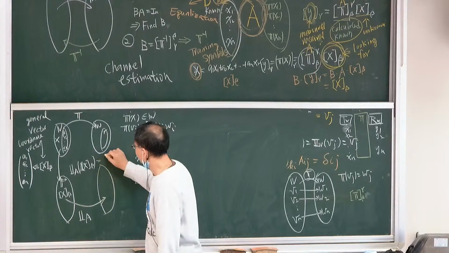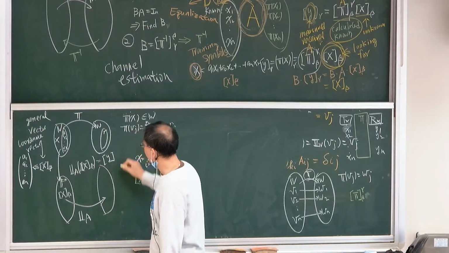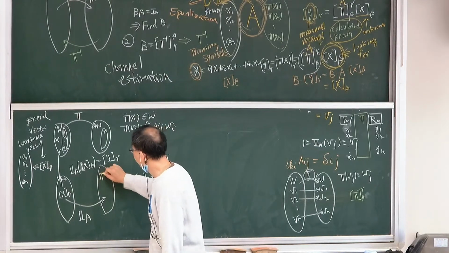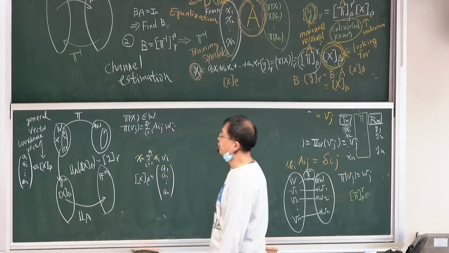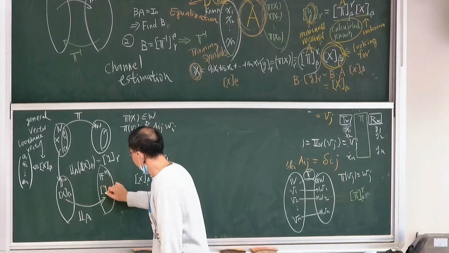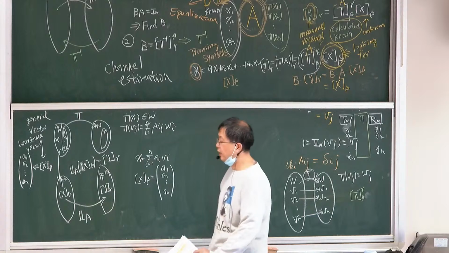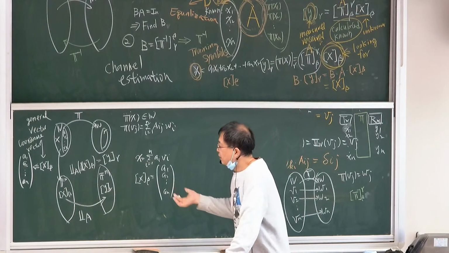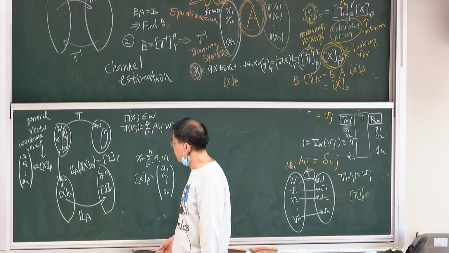Then we will receive y with respect to gamma, in F^m. Here I can get the coordinate vector after the transformation.